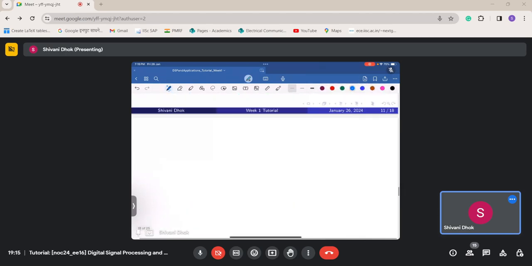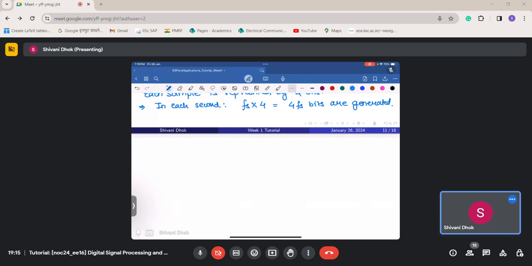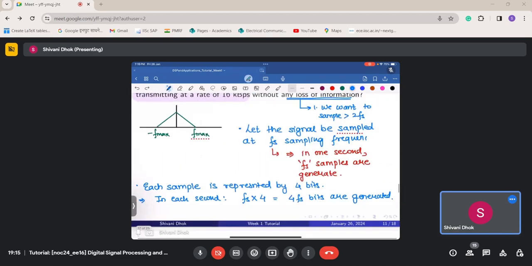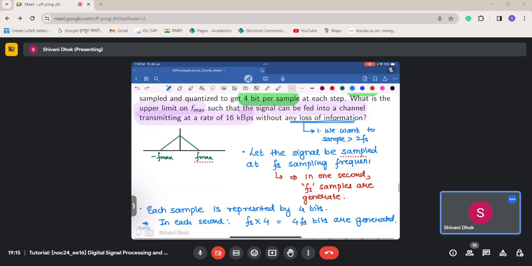Okay, now what does Nyquist criteria say? Before doing that, if in each second we are having 4 into Fs bits, these 4 into Fs bits are to be transmitted in 1 second.